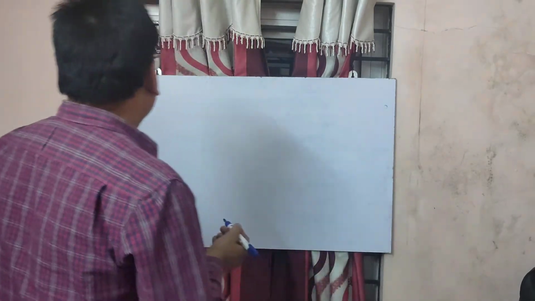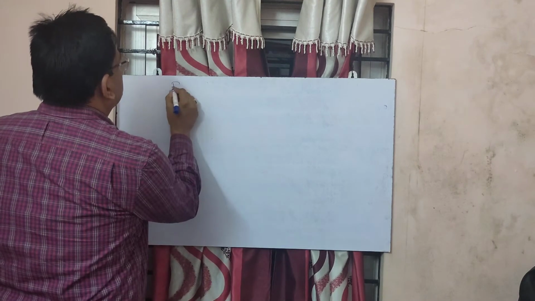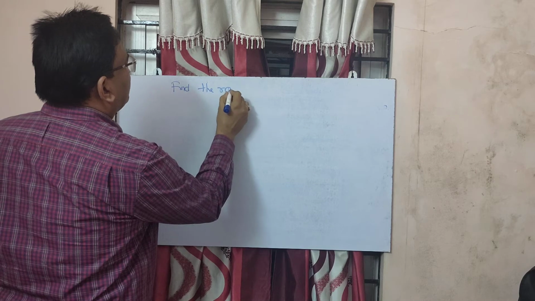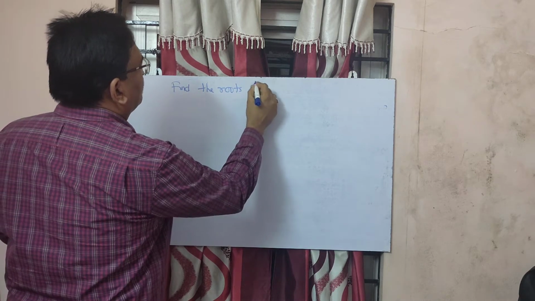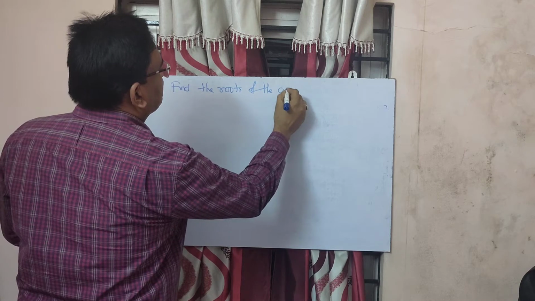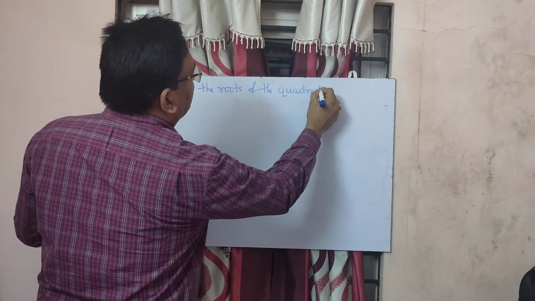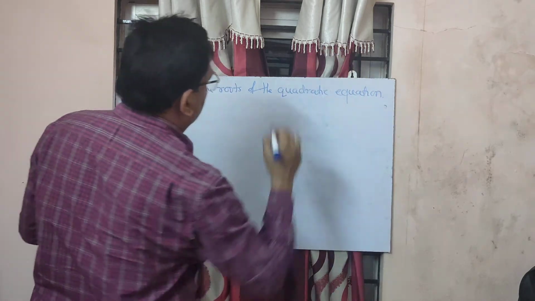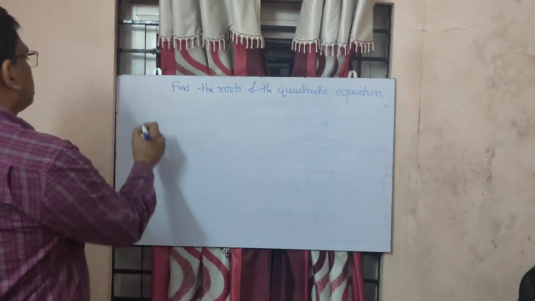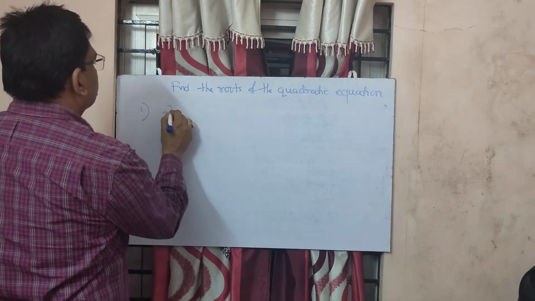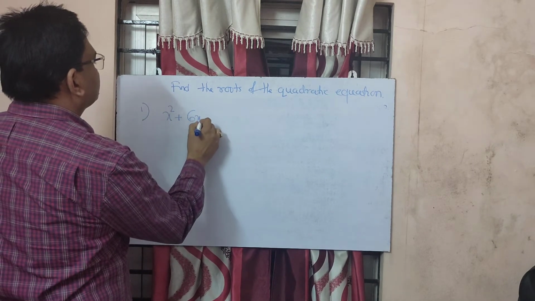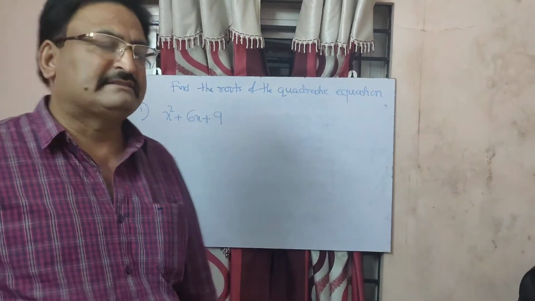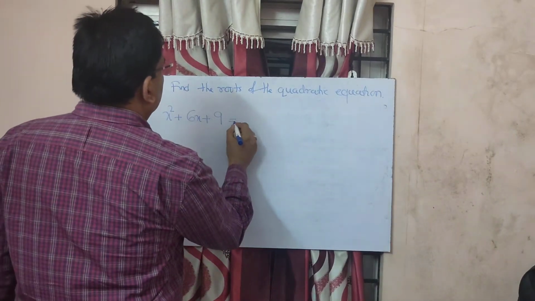For example, the question will be like this: find the roots of the quadratic equation. Okay, let us take one example. x square plus 6x plus 9 is equal to 0.